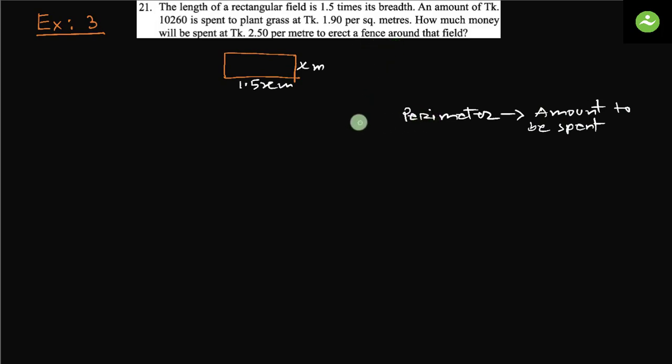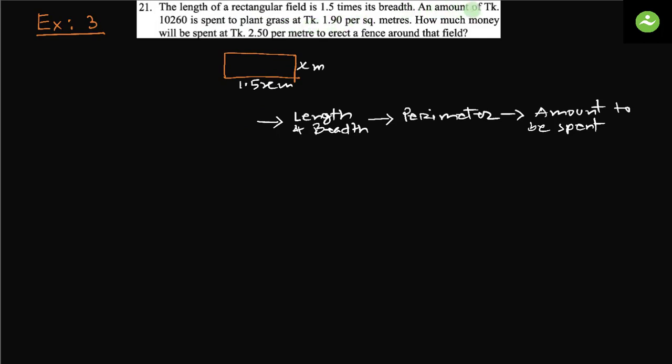So if you know perimeter, you know amount to be spent to erect a fence. Now how do you get perimeter? To know perimeter, you need to know the length and breadth. How do you know length and breadth? You need to find the area.